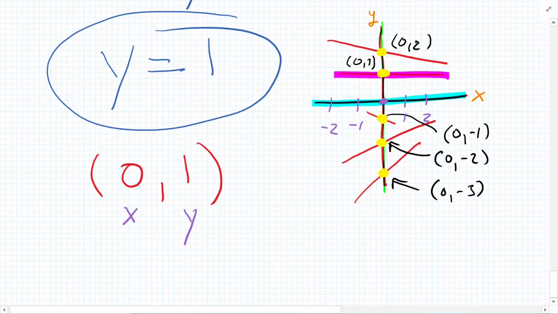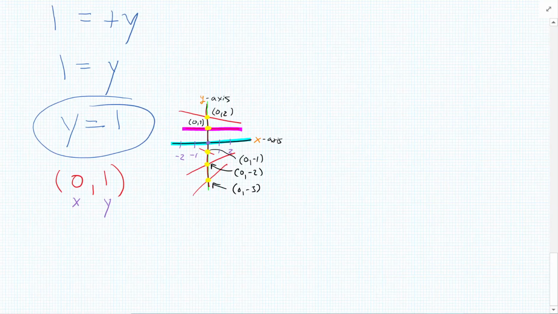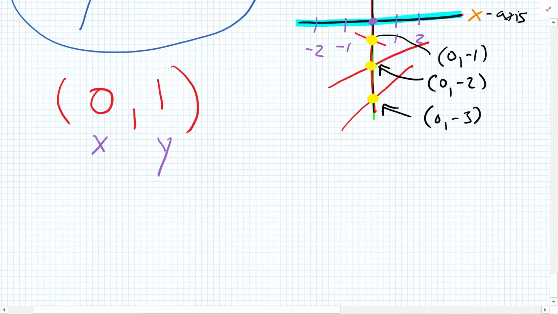Everything below the x-axis, this is the x-axis, everything below the blue line, the x-axis, is negative values for y. Everything above it is positive values for y. That's a review of information that's been taught to you previously, I hope.